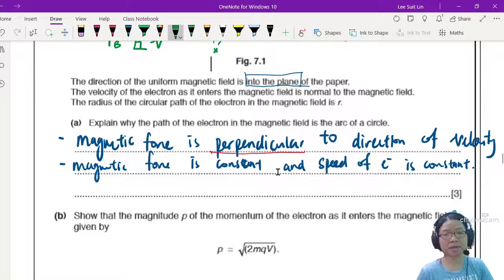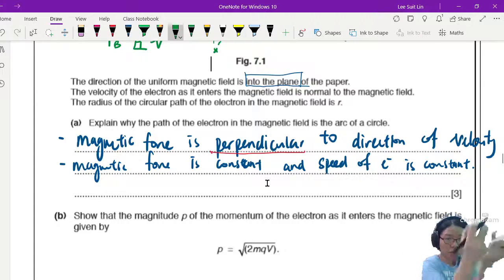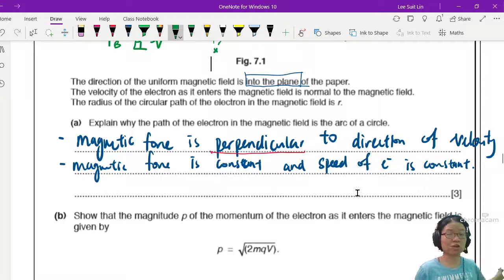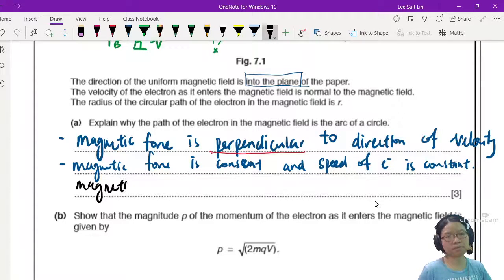Because if the magnetic force is getting greater and greater, then it will spiral inwards, as there's more pulling towards the center. If you are turning faster and faster, you will spiral outwards because you need more centripetal force. So we need both magnetic force and speed to be constant. Hence, we can say that the magnetic force provides the necessary centripetal force.